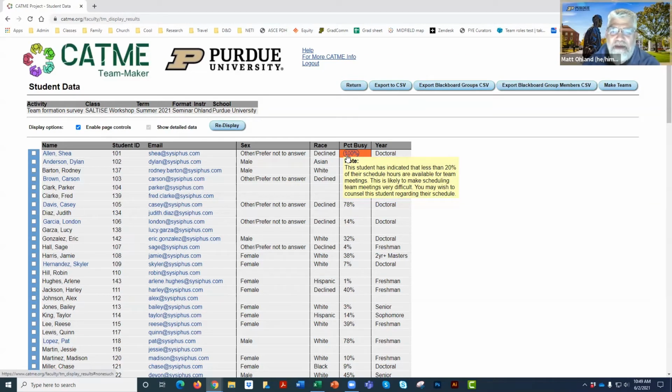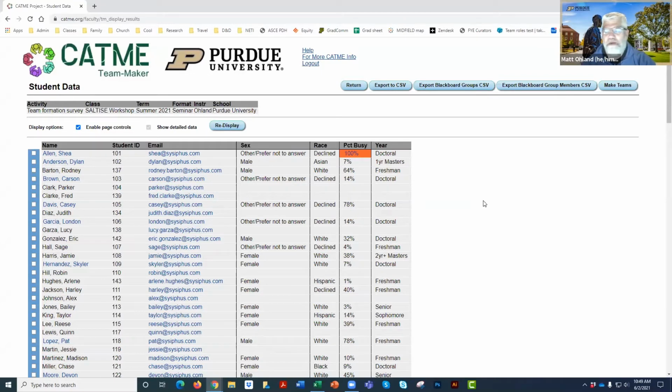In addition to making it difficult to put the student in a team with a compatible schedule, it is also a signal to an instructor that either Shay really doesn't have time to participate in your class and the team activity you expect, or that Shay is saying, as Shay in this case has verbalized, that Shay wants nothing to do with working in a team.